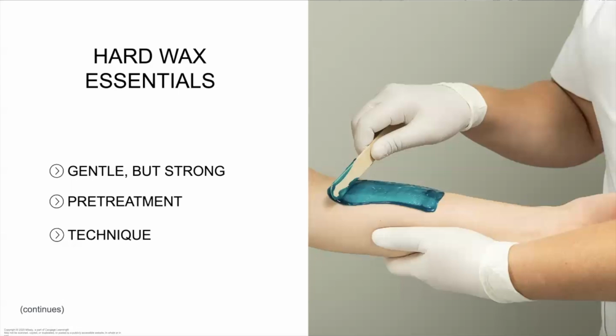And it can be applied to an area for a second time during the same service. So unlike soft wax, you can do two passes and a cleanup strip with hard wax, versus soft wax, you really need to stick to one removal and then a hard wax cleanup.